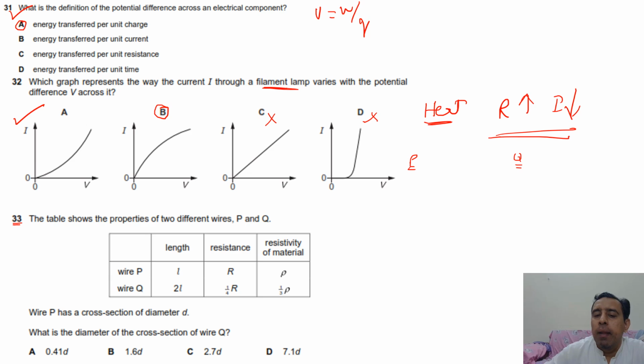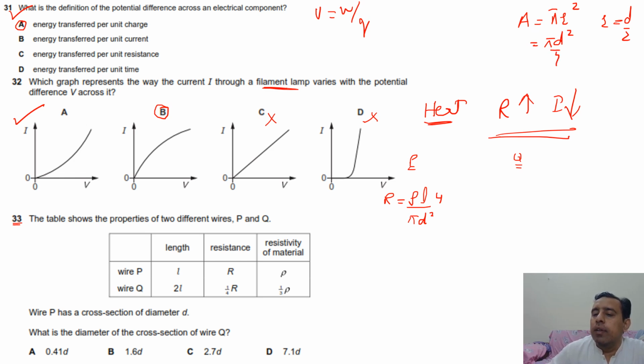So initially, if we write the relation, that is R is equal to rho L over A, where A is pi D square by 4. Look at here. In fact, the cross-sectional area is pi r square, then r is equal to D by 2, so you may write D square by 4 over here.